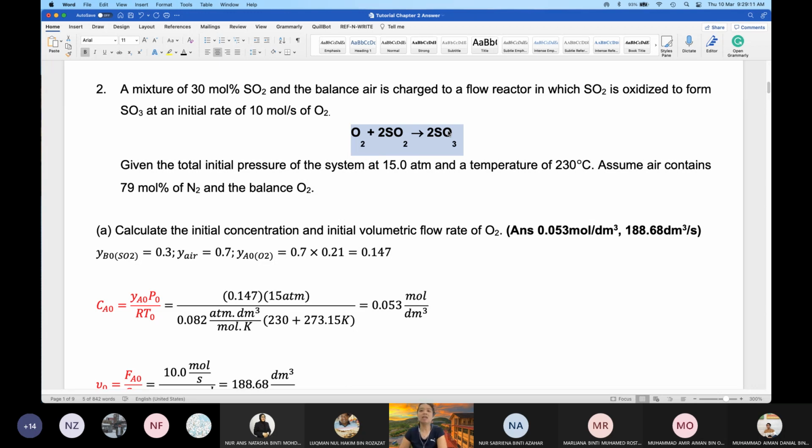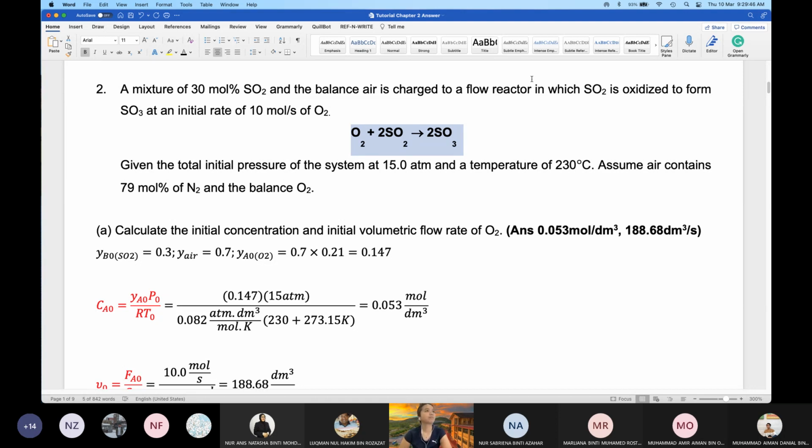So air contains a certain portion of oxygen and certain portion of nitrogen and carbon dioxide sebenarnya. So instead of using pure oxygen, the question says they are using air. But bear in mind, walaupun kita guna air, but the gas that is reacting in the reaction is only oxygen gas. So yang 30% SO2, the remainder 70% is air, not oxygen gas.